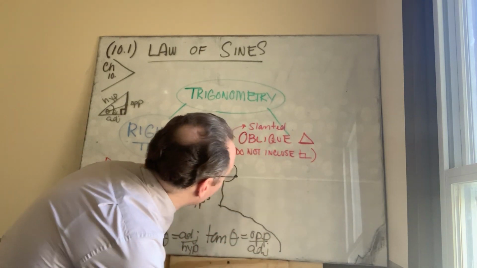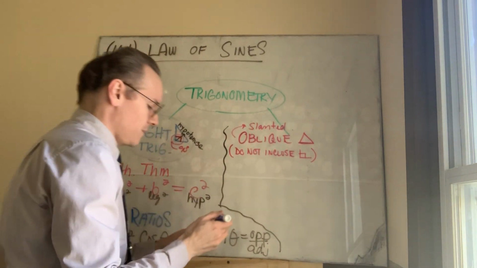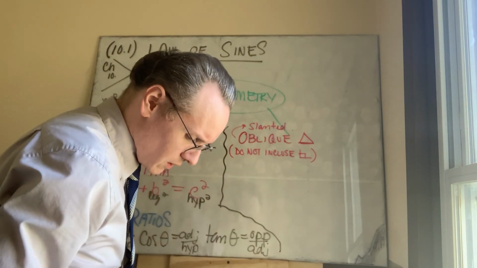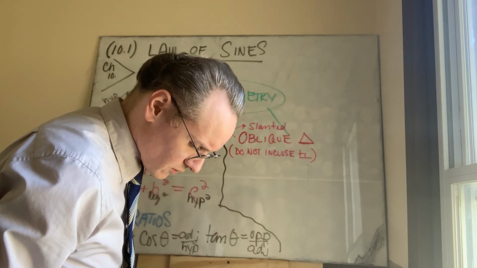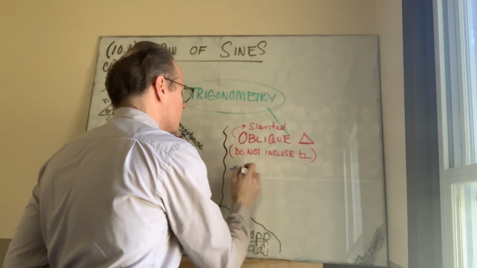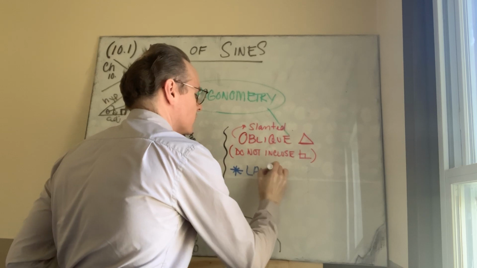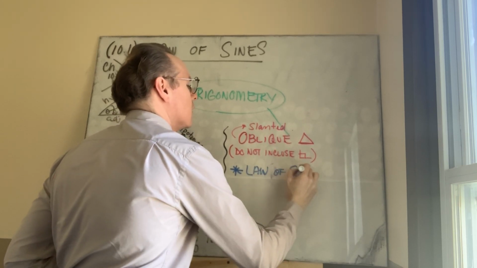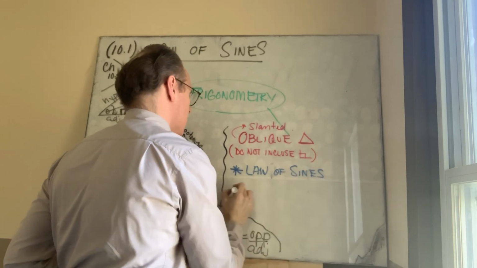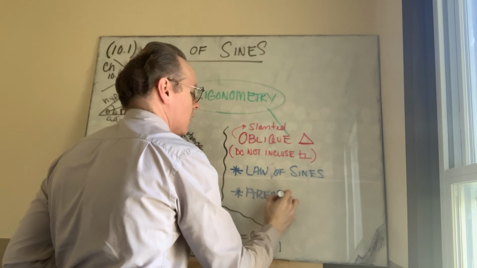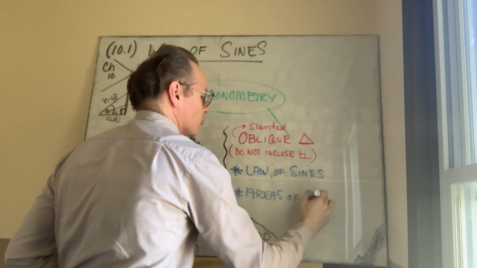Now, basically, what's relevant for us today, all right, are these two sets of formulas. We'll be discussing the laws of sines, and then areas of oblique triangles.